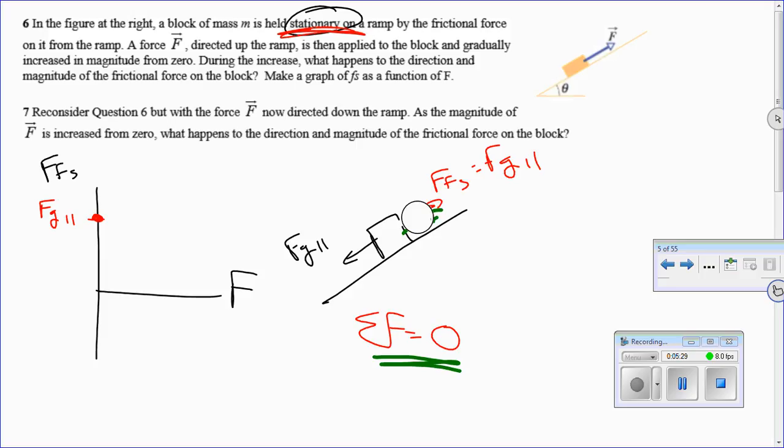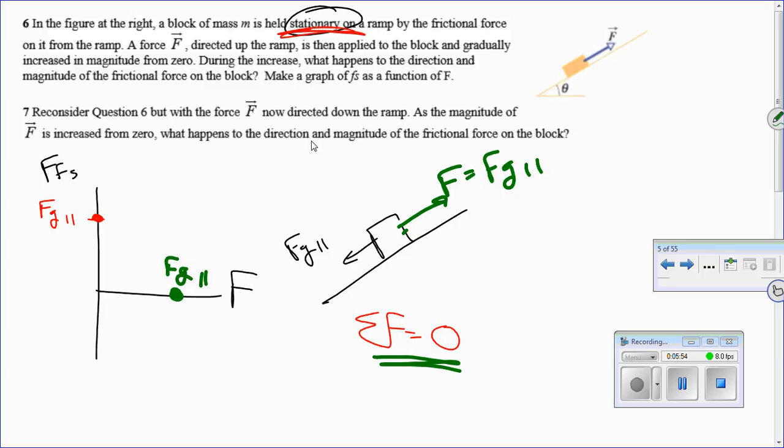So what value of F means that there's no static friction? If this is Fg parallel, then my static friction is 0. So remember. So there's another coordinate, right? Does that make sense?